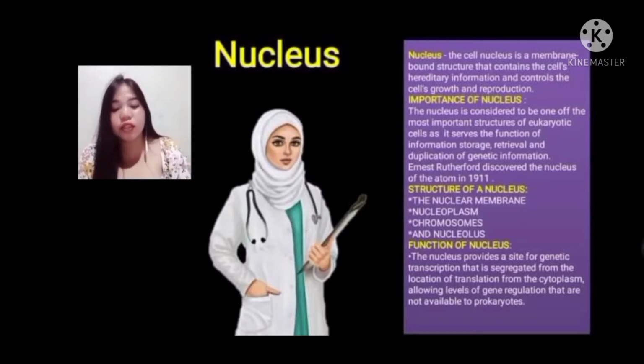It is the gelatinous substance within the nuclear envelope, also called karyoplasm. This semi-aqueous material is similar to the cytoplasm and is composed mainly of water, with dissolved salts, enzymes, and organic molecules suspended within. Third is chromosomes.